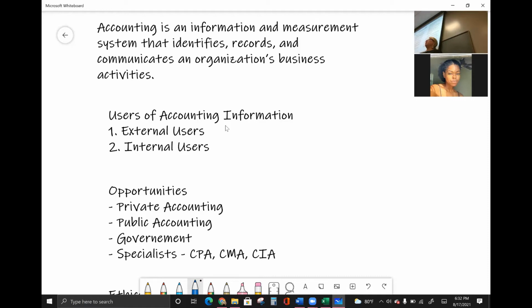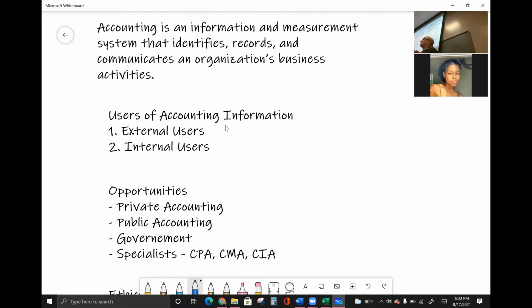It could be that you are producing reports that are helpful for the marketing team. It could be that you're producing reports that are great for the production team or the supply chain. So a lot of things flow through that accounting department. But anyway, there are a lot of internal users, is the point. So you have the external users that are looking at the information. You also have those internal users. And when you're sending information to the management team, you want to make sure it's accurate, right?